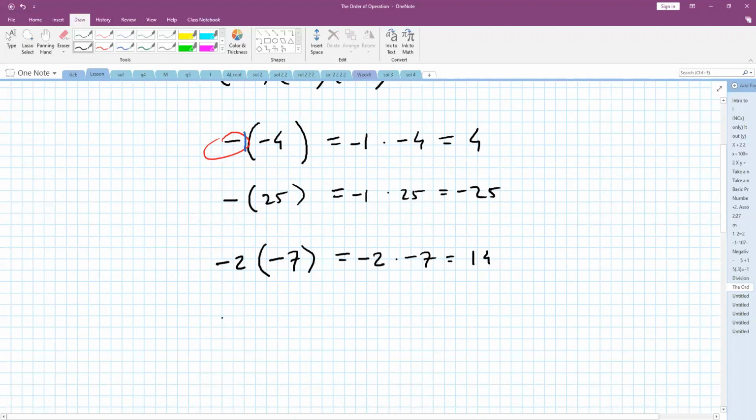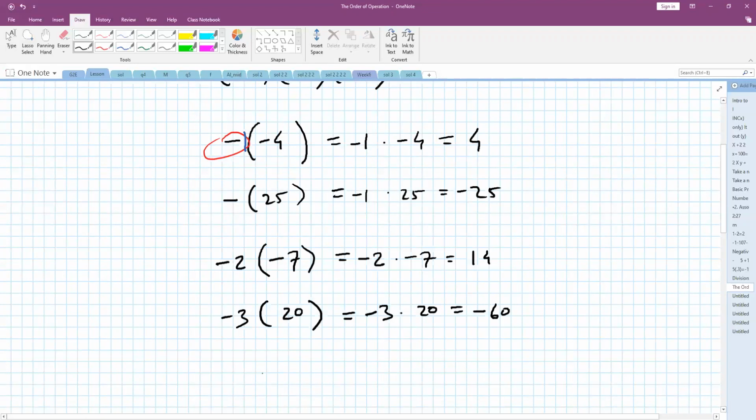Or if you have now -3 times 20. Be careful, you have -3 and then times 20, that is -60. So the use of bracket is actually very important.